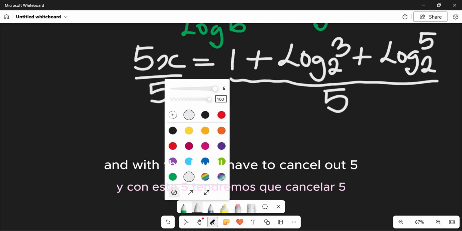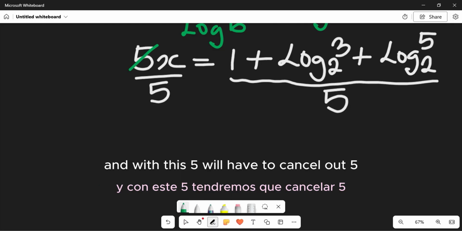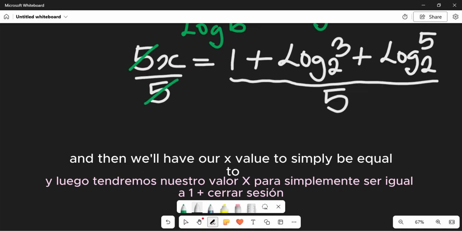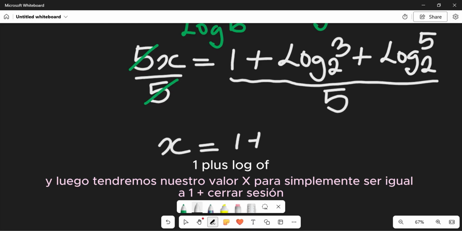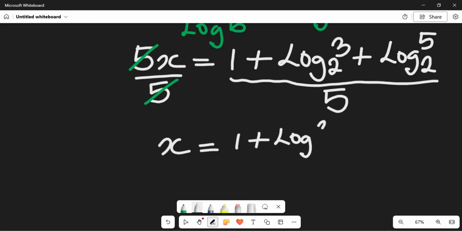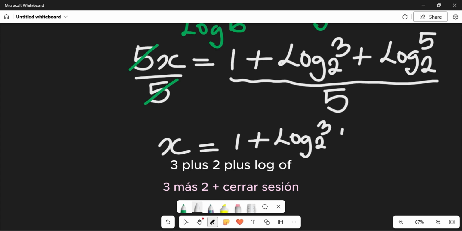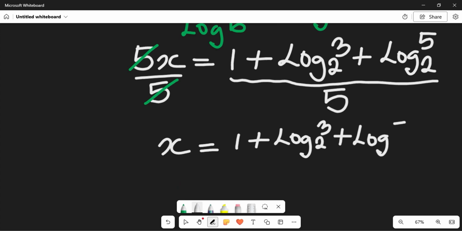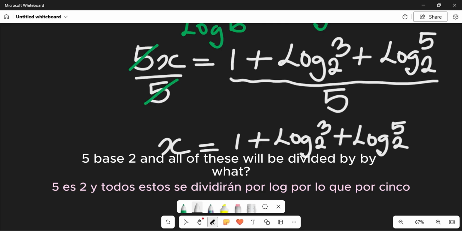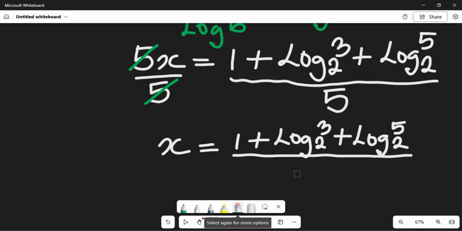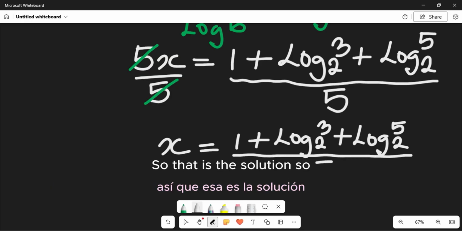And with this, 5 will cancel out 5, and then we'll have our x value to simply be equal to 1 plus log of 3 base 2 plus log of 5 base 2, and all of these will be divided by 5. So that is the solution.